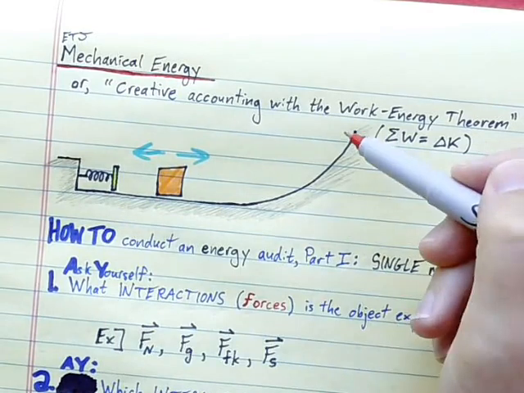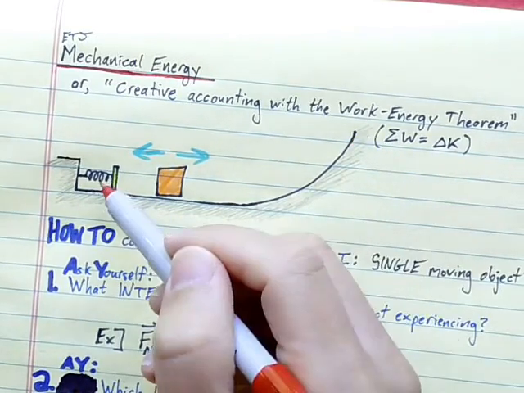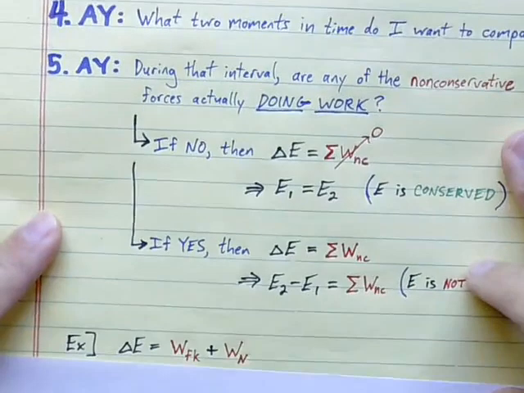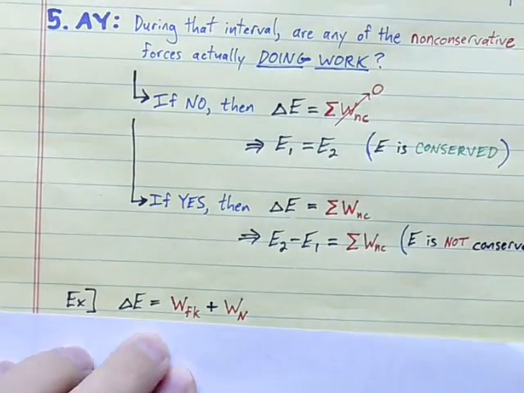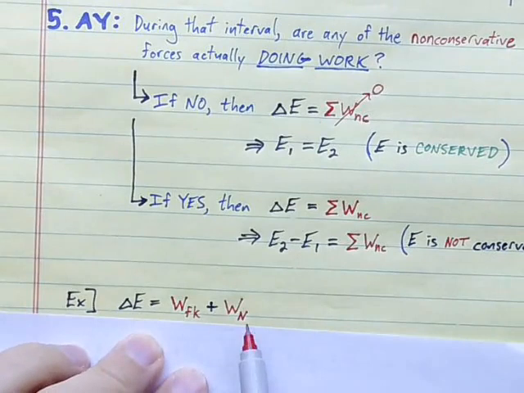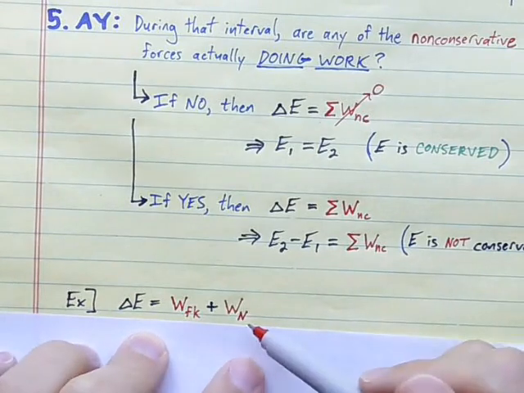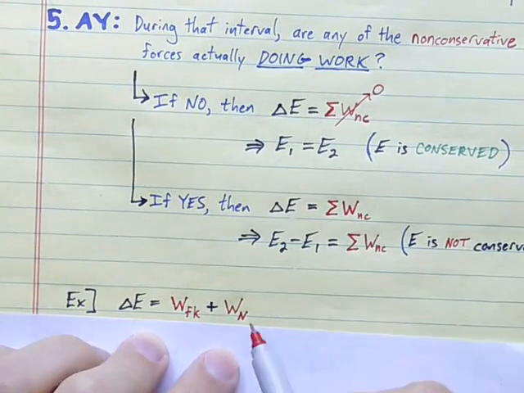So moment 1, released from rest. Moment 2, fully compressed down here. Between those two moments, are these non-conservative forces actually doing work? Is friction going to be doing work? Yes, of course. It'll be slowing the block down. What about that normal force? What's the answer? Is it doing work?